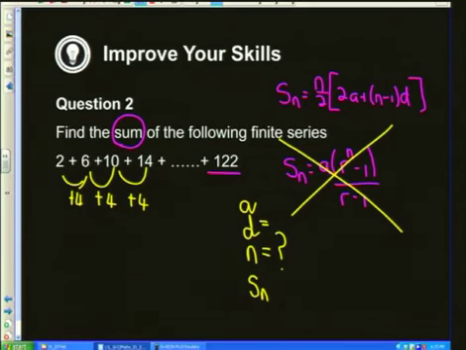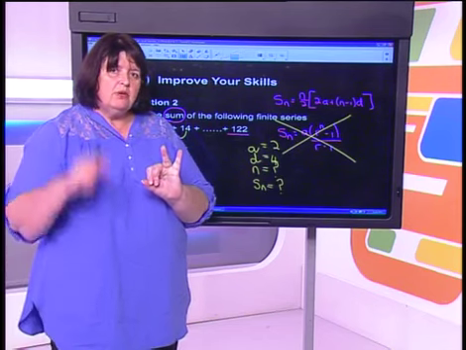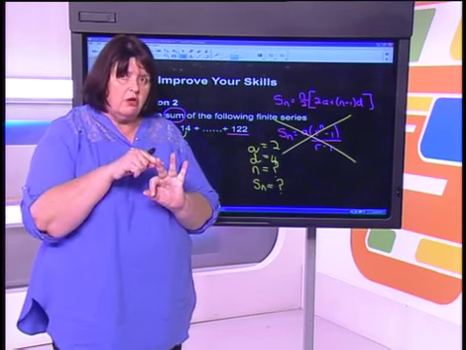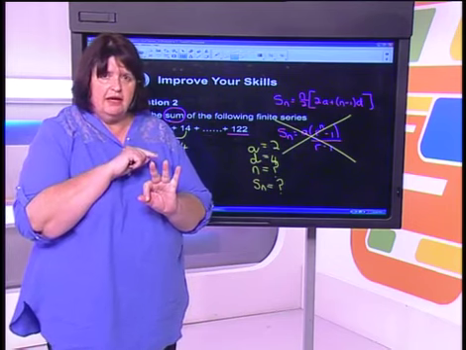Yes, we do. D is 4. We've worked that out. Do we know A? Well, the A is the first term. Yes, it's 2. We know that. And we're asked for the sum. So do we know that? No. So we have a problem. Of the 4 things in this formula, we only know 2 of them. So we must have a way to work out the third one in order to use that formula.